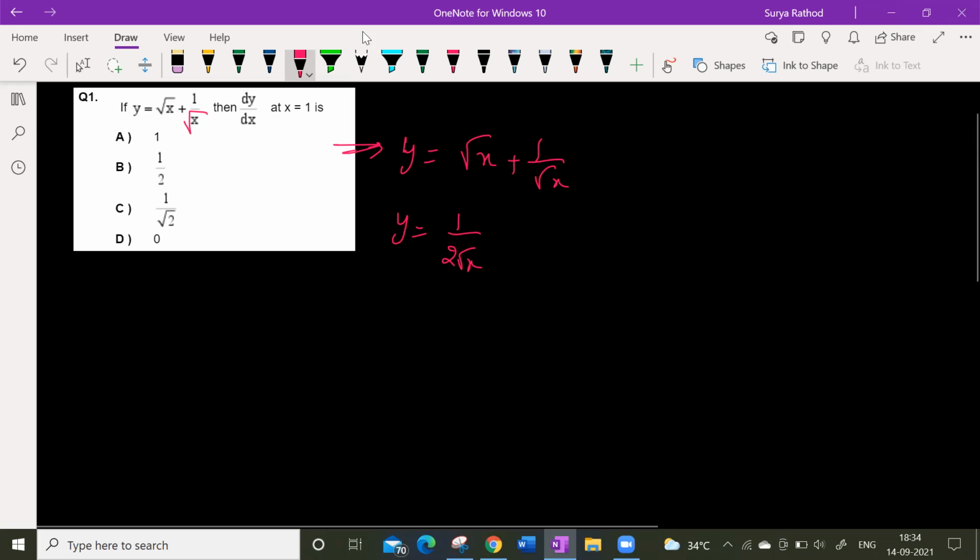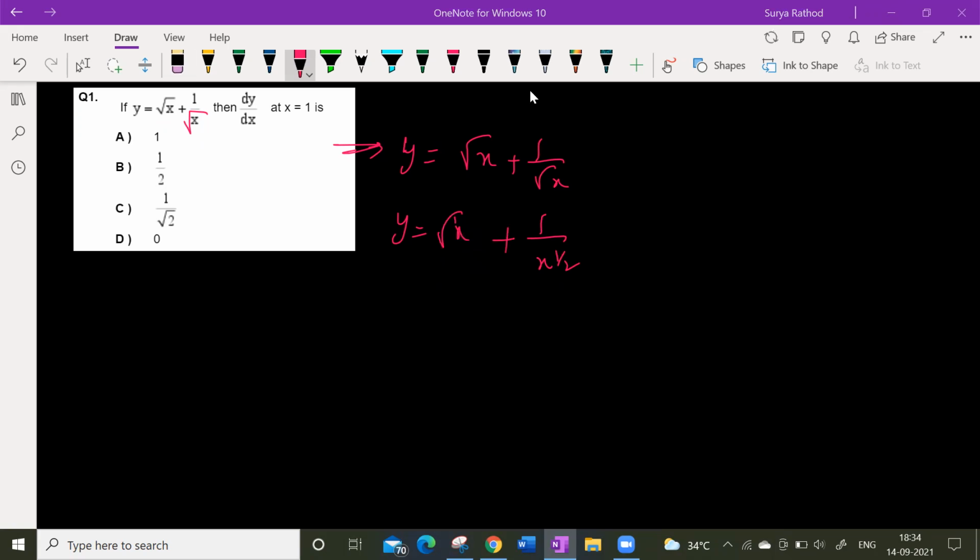Now can you see plus 1 by x to the power of 1 by 2, isn't it? Yes or no? dy by dx of root x is what? Let me write root x as it is.